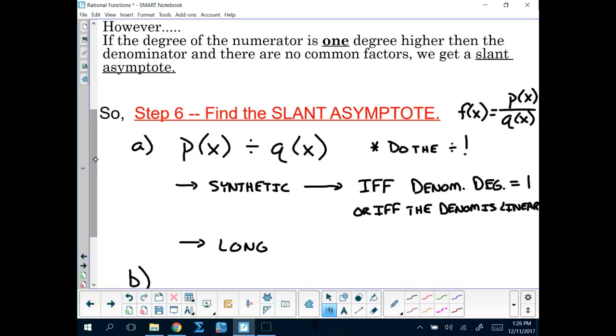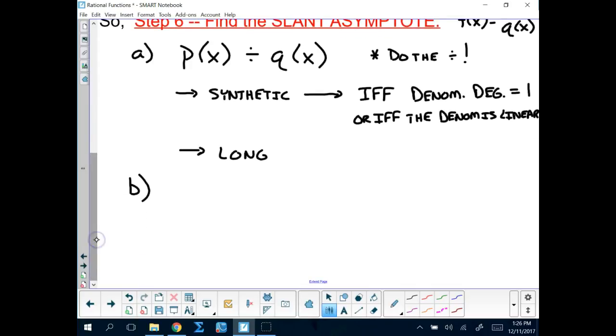If you don't get a remainder, I hate to break it to you, but you screwed up in step 1.5. And we're on step 6. So that means your step 2, step 3, step 4, and step 5 are all wrong. That's a check to make sure that there's no common factors, because you better get a remainder there.